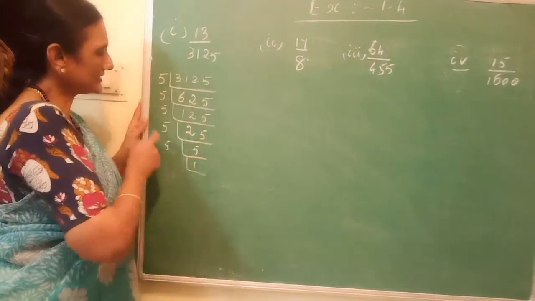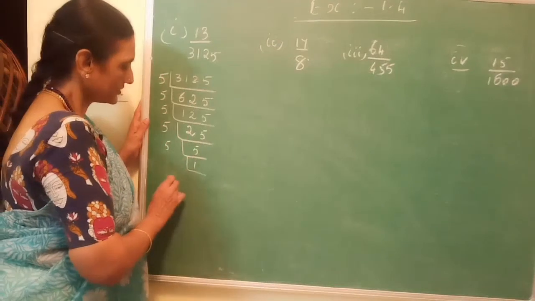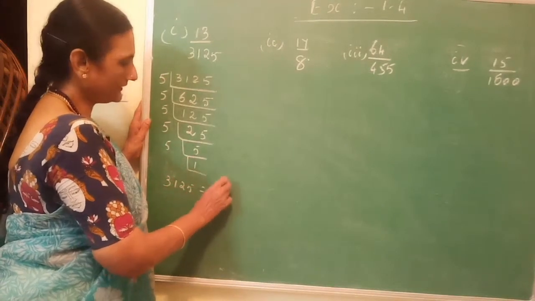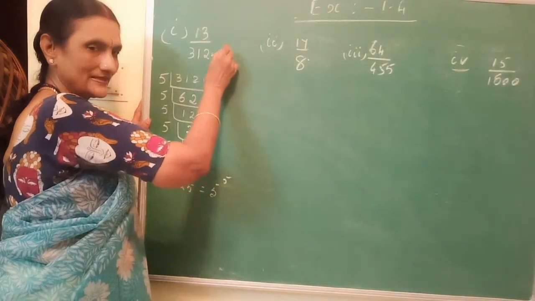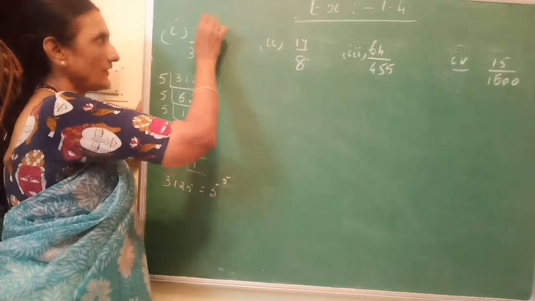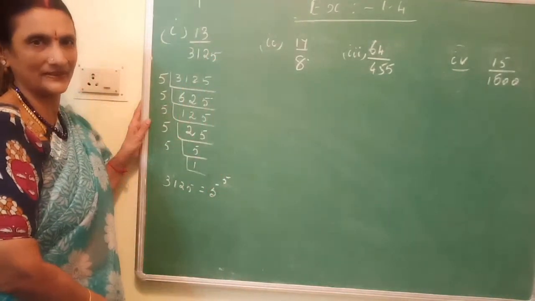So it has got only 5 as the factor, 1, 2, 3, 4, 5 times. So 3125 is obviously 5 power 5. Therefore this is terminating. I'll just write here on top, T for terminating.